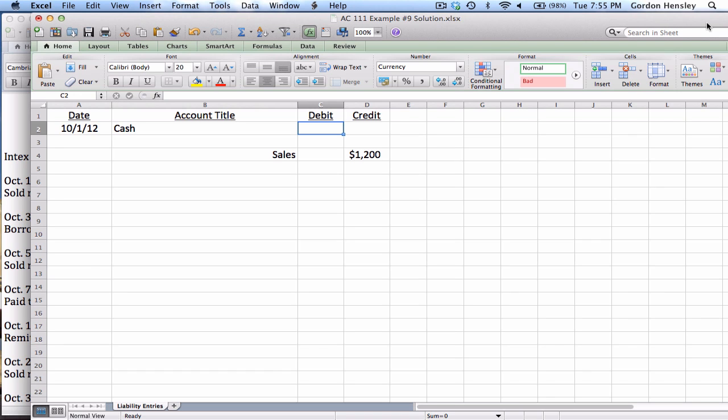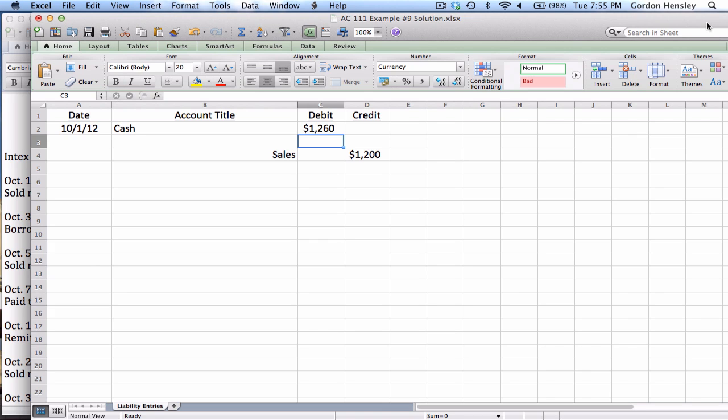In fact, they're going to give me the $1,200 plus the sales tax. So if the sales tax is 5%, that means I'm going to get 105% of $1,200. So 1,200 times 1.05, that gives me 1,260. So when I actually collect the money from the customer, it will be 1,260.